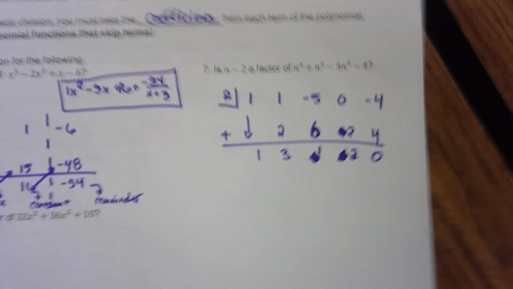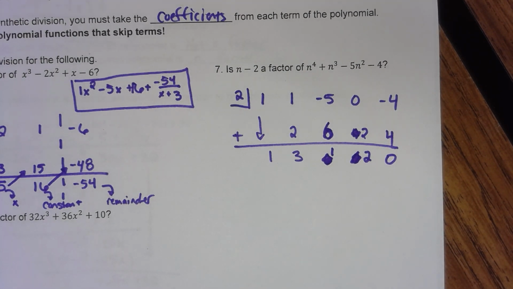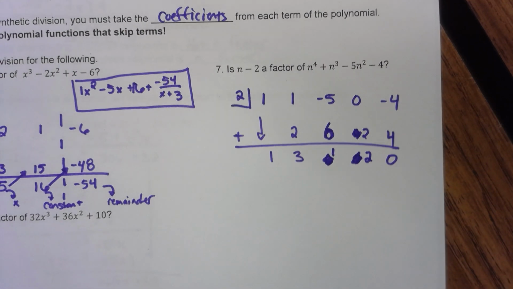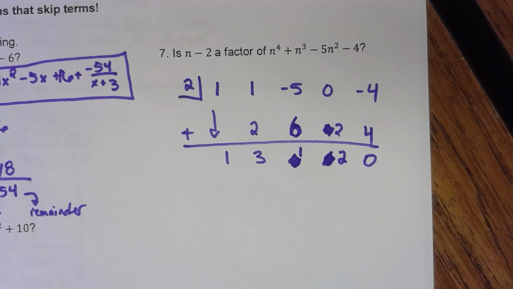So be careful, because again, if you don't have that placeholder in for where that linear term is, you're going to get a completely different remainder and thus reach a different conclusion for whether or not n minus 2 is a factor of this polynomial. And the values that you should have gotten go 1, 3, 1, 2, 0.